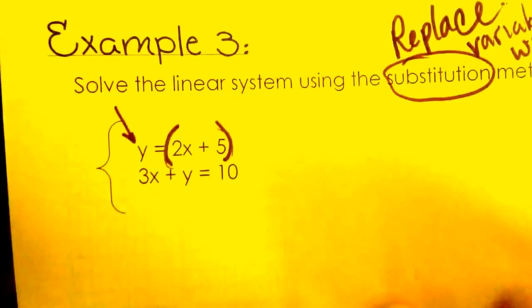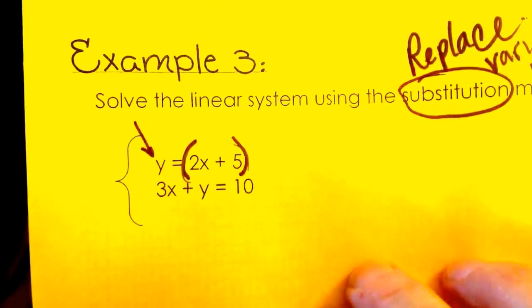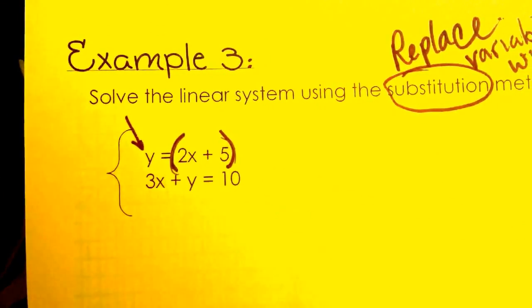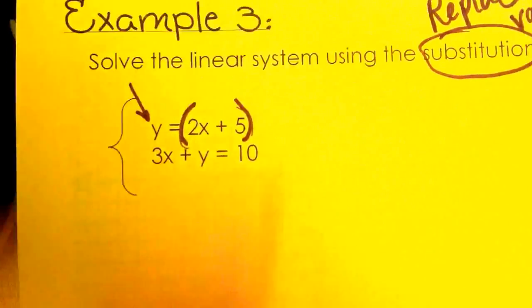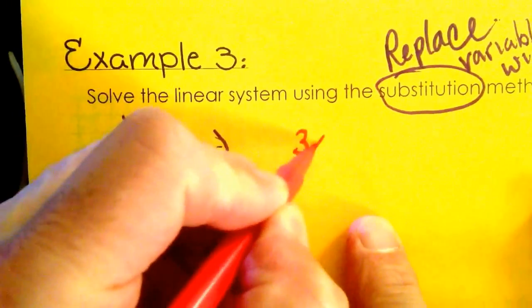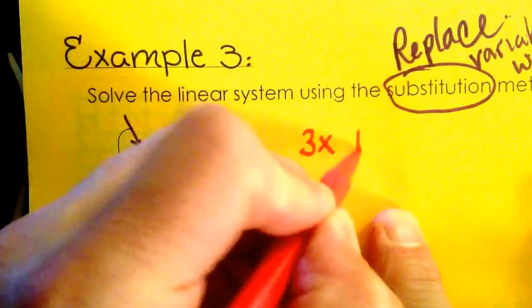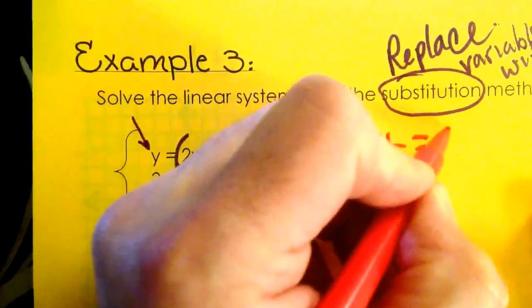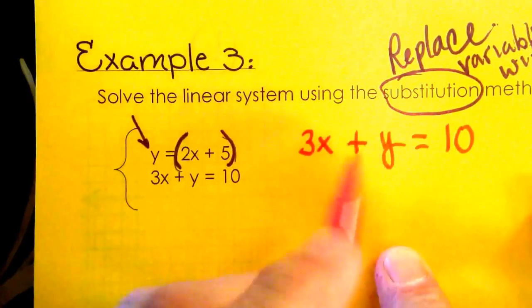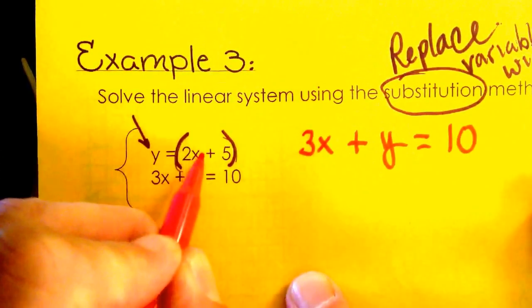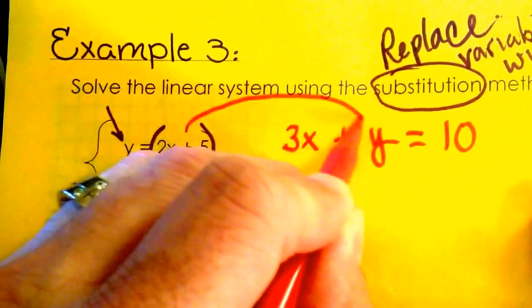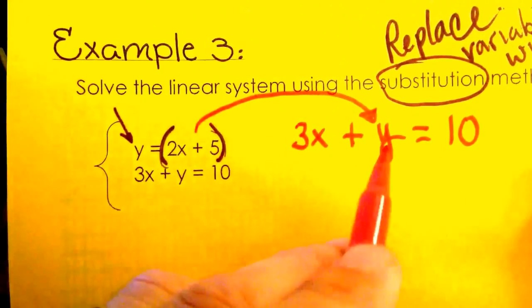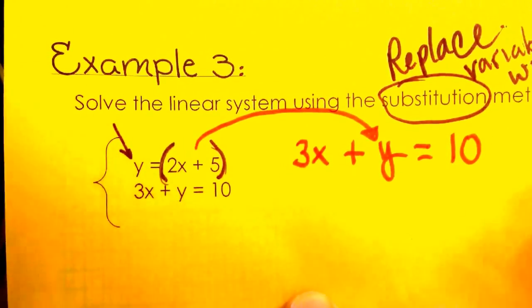So what we're going to do is substitute. Let me switch colors here. Let me write 3x, and you do the same thing, plus y equals 10. We're going to replace this quantity here, plug it in, if you will, and then solve for x.